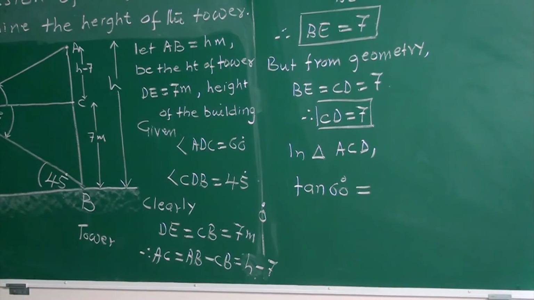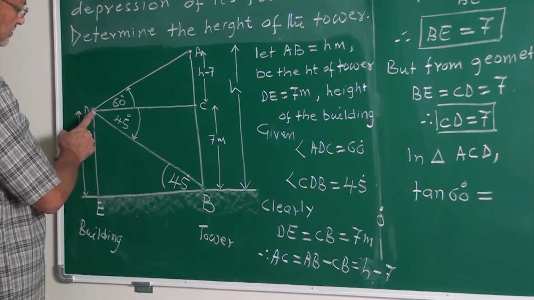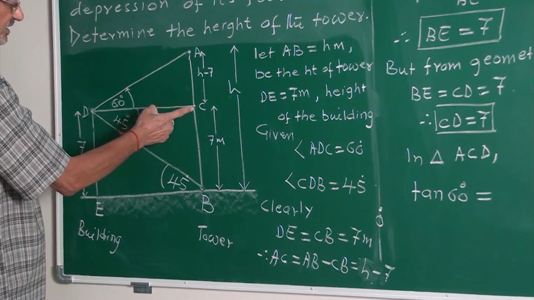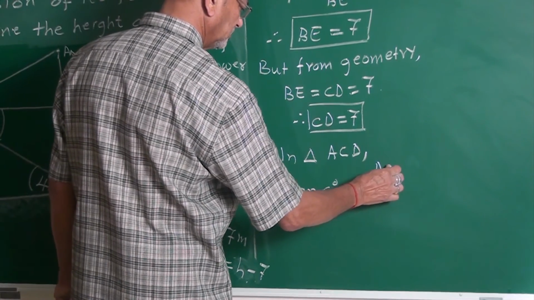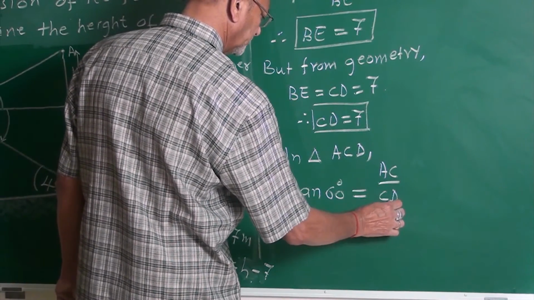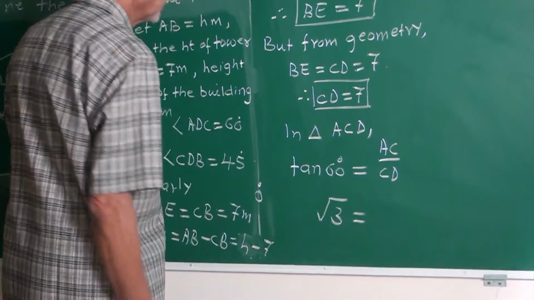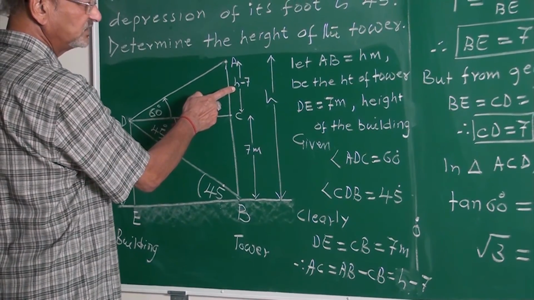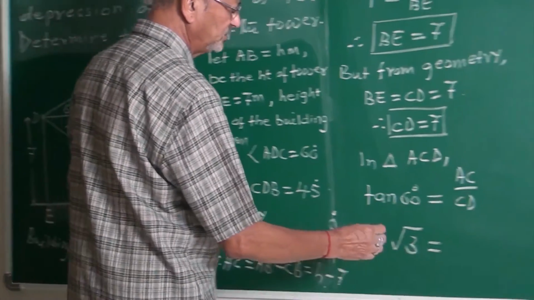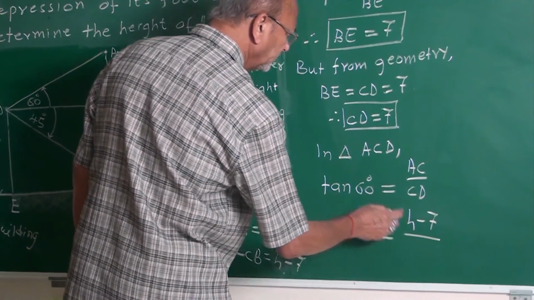Opposite side AC upon adjacent side CD. Tan 60 is root 3. What is the value of AC? AC is H minus 7, and CD is 7.